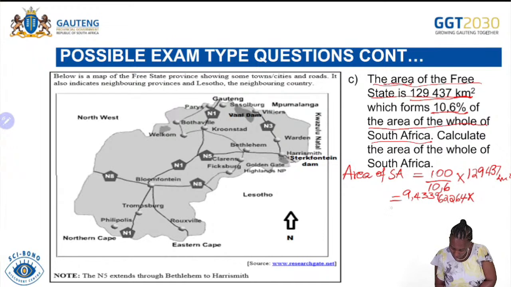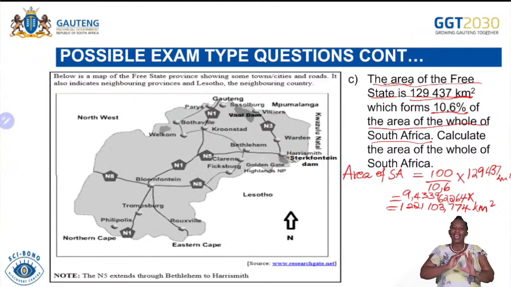And then our answer will be 1,221,103,774 kilometer squared. That is the entire area of South Africa. I hope, boys and girls, you have seen what I have done.